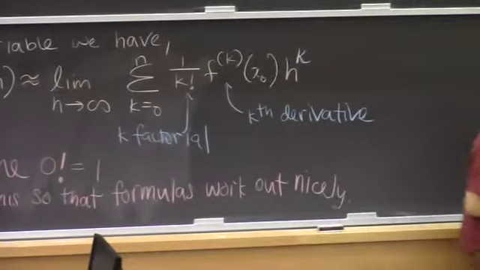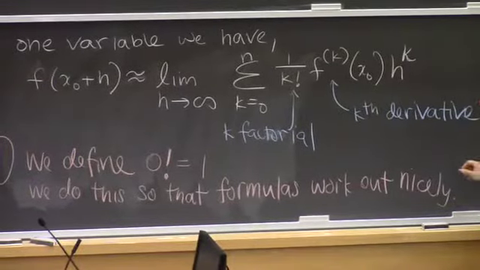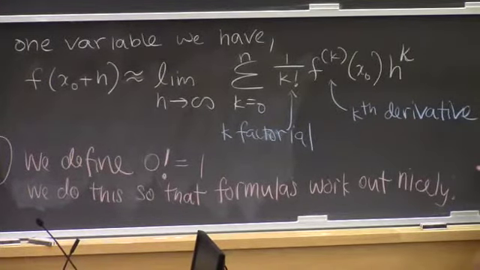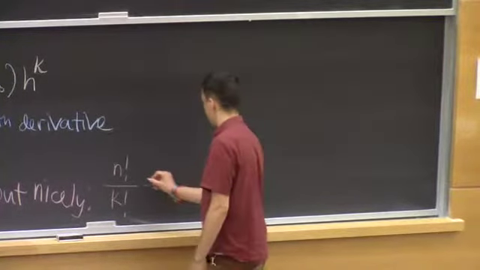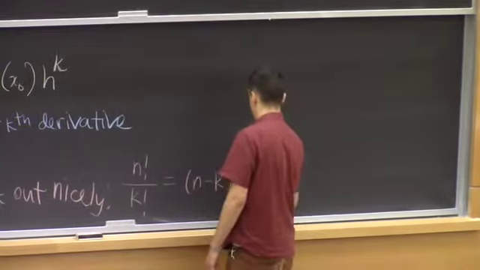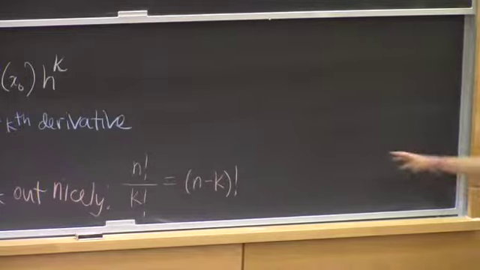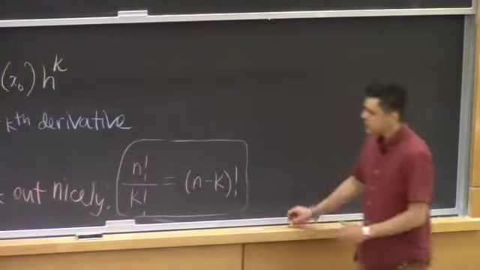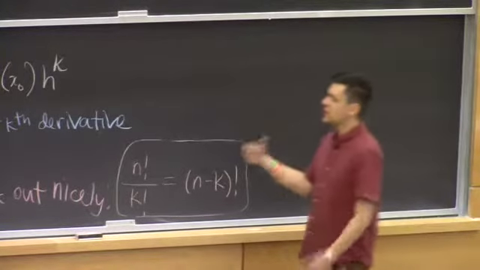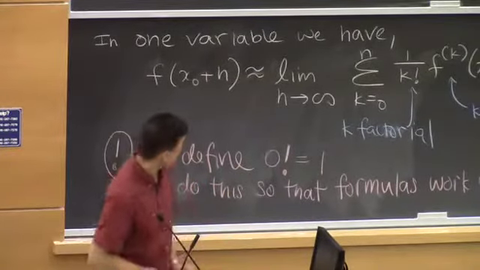We do this so that the formulas work out nicely, and in particular we get n factorial over k factorial is n minus k factorial. We define it this way so that this kind of thing happens. It's a choice, but it'll come up many, many times, and 0 factorial is defined to be 1 so that things look nice.